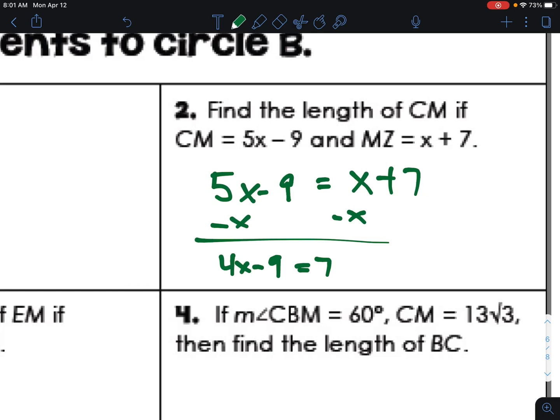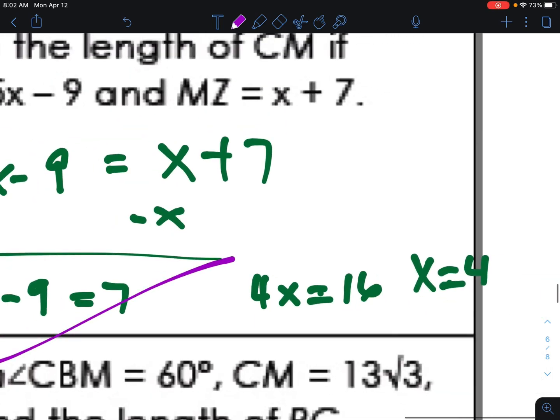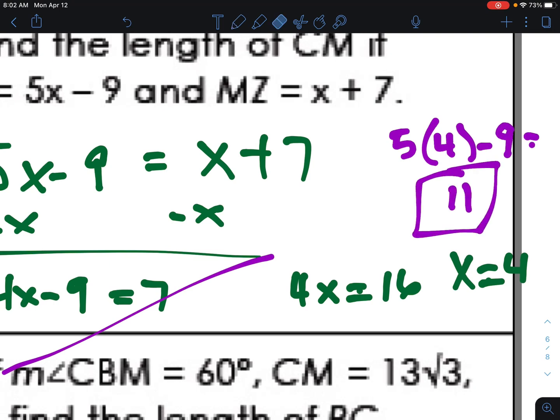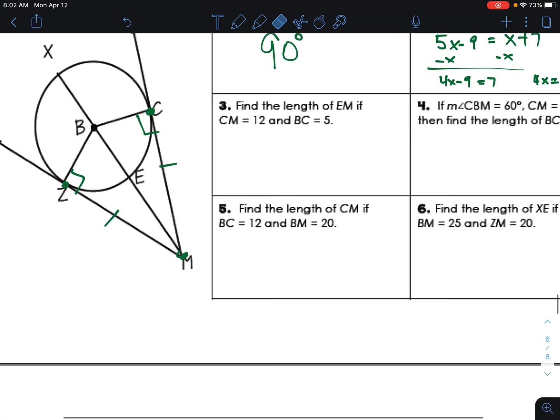Add 9, 4x equals 16. x equals 4. All right, and it says find the measure of CM. And then we got 5 times 4 minus 9, which is 11. Again, we set them equal to each other because the two segments came from the same point, M, and it was tangent to both points, so those are the same.